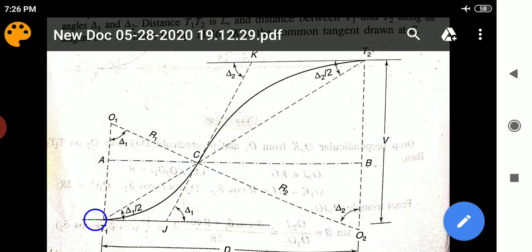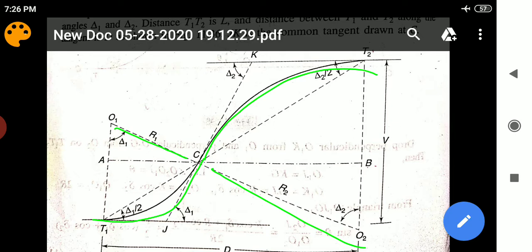See here, this is the first curve and this is the second curve. It is in opposite directions, having the same radius or different radius. In the figure we are seeing that the radii are different. Okay.